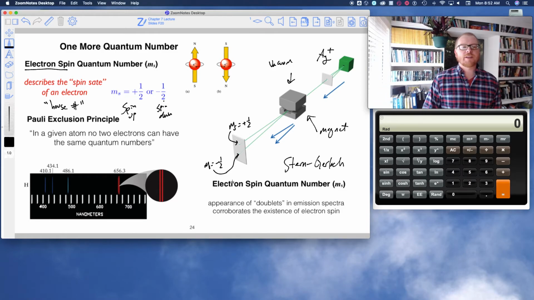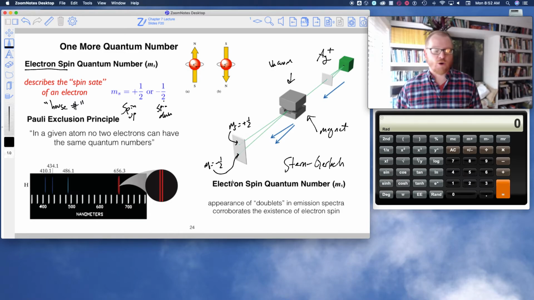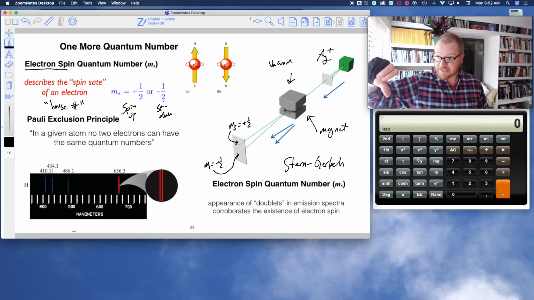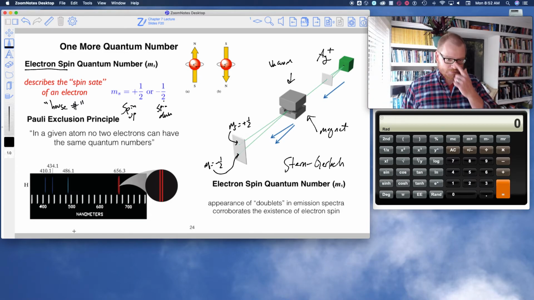Another way to observe this, although it's very, very difficult, is in the spectrum, and here's hydrogen. We recall hydrogen only has one electron, and because it only has one electron, it could be either spin up or spin down with equal probability.